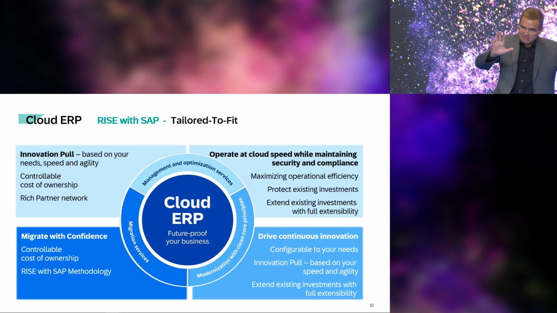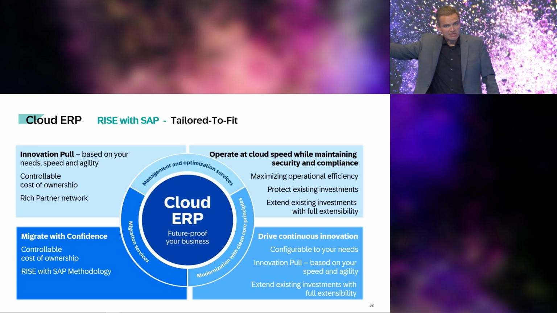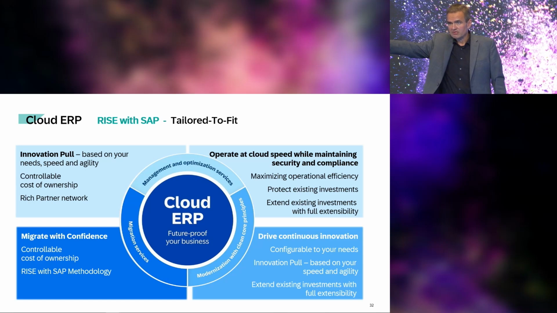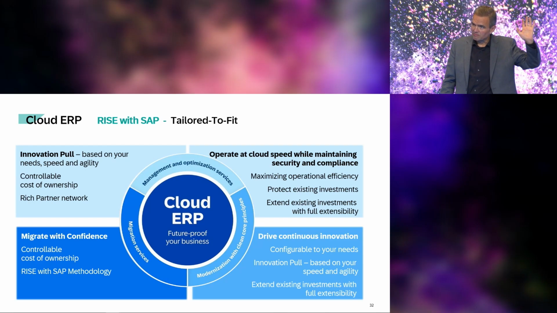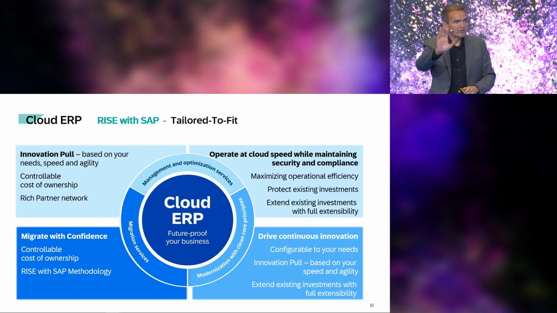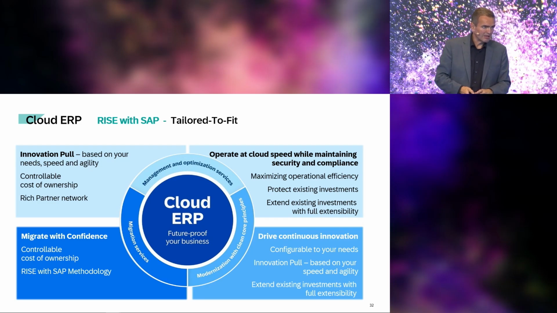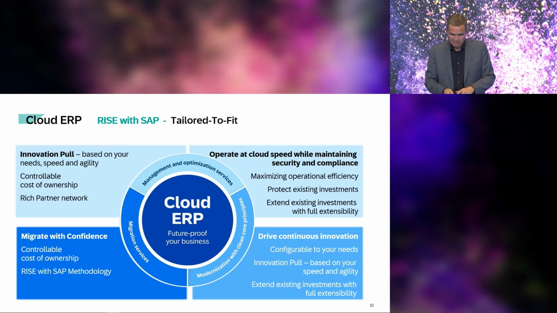Two different mantras. The old mantra we give up; never change a running machine is not an alternative. The new mantra on public cloud is innovation push, and the new mantra in the cloud with RISE with SAP is innovation pull.